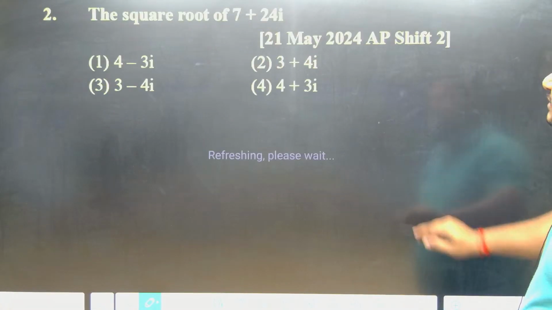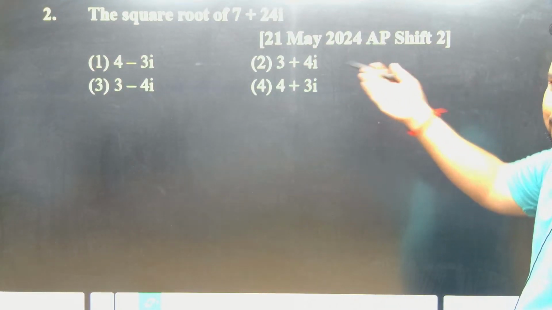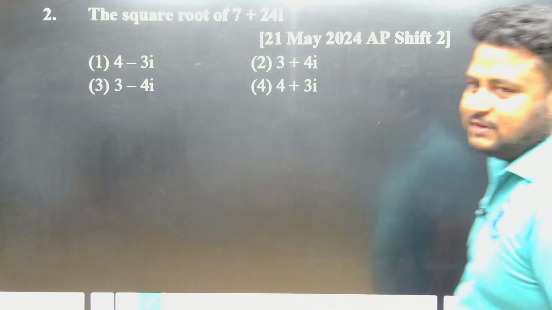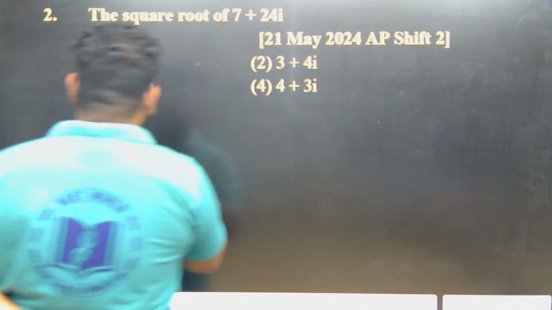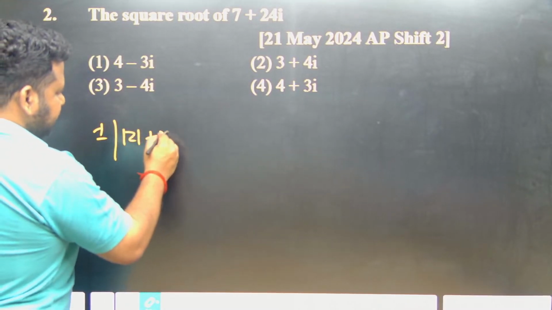So see here they are asking the square root of 7 plus 24i. See in AP 2024 directly formula based they are asking 7 plus 24i. So square root of this complex number they are asking. Square root of the complex number means it is what? Plus or minus mod z plus x by 2.